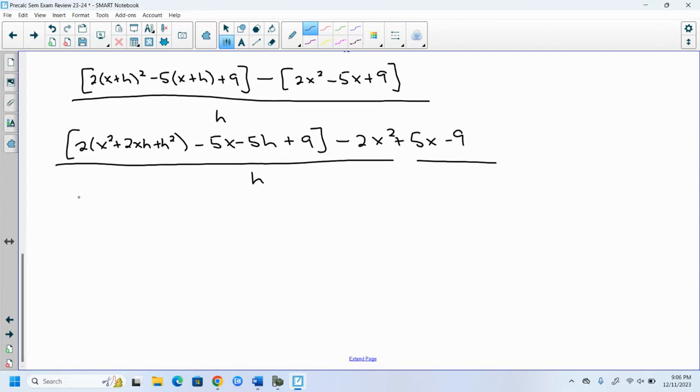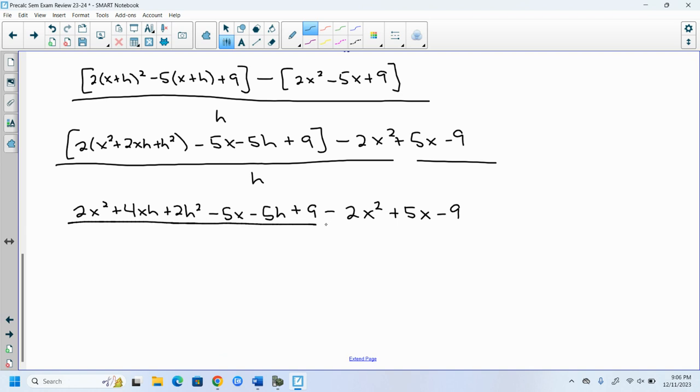I'm going to distribute that 2: 2x squared plus 4xh plus 2h squared minus 5x minus 5h plus 9. I don't need any parentheses anymore after distributing that 2 and distributing the negative sign in the previous one. So I get minus 2x squared plus 5x minus 9 all over h.